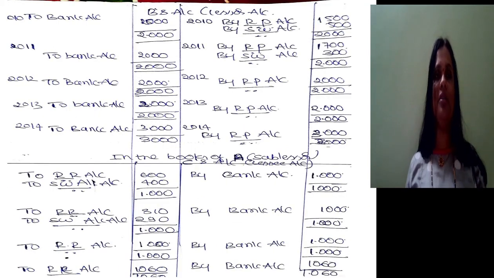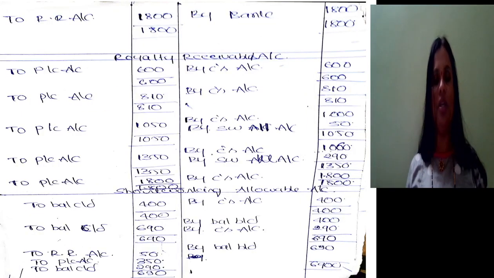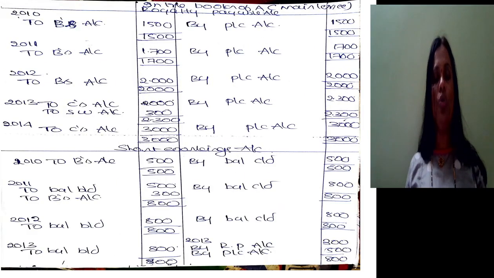Then in the third year the minimum rent is equal to royalty. The due entry is royalty payable account debit to B's account, that is lessor account, 2000. B will be paid immediately by bank account at the end of the year, 2000. So in the royalty payable account, to B's account 2000, it should be closed by transferring it to the profit and loss account.